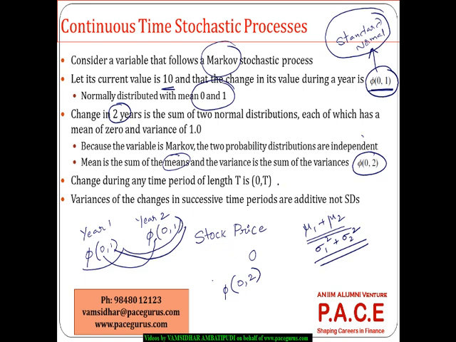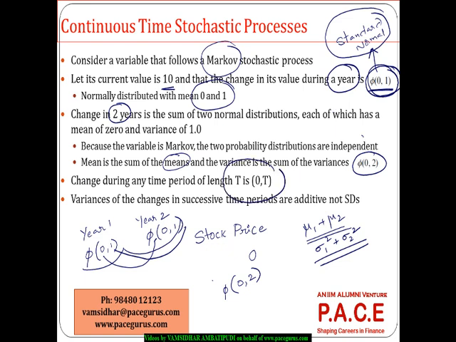Which means, if during 1 year a value is following a standard normal distribution, then in a 2-year period, it will follow a normal distribution with a mean of 0 and a variance of 2.